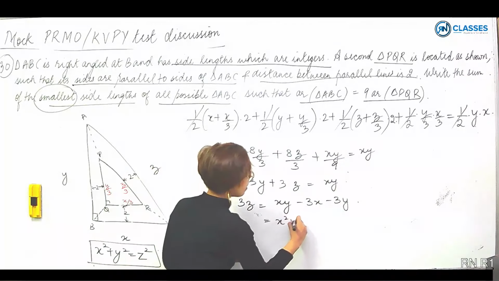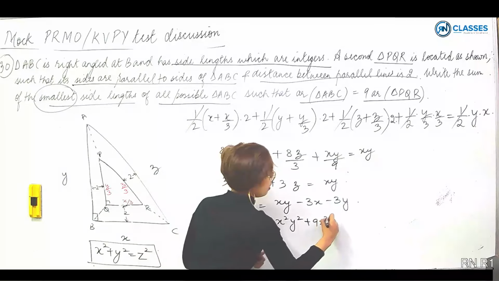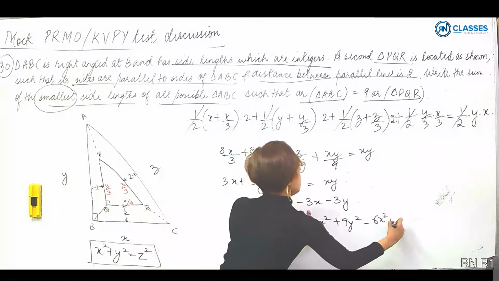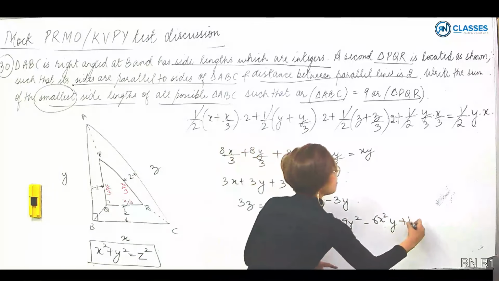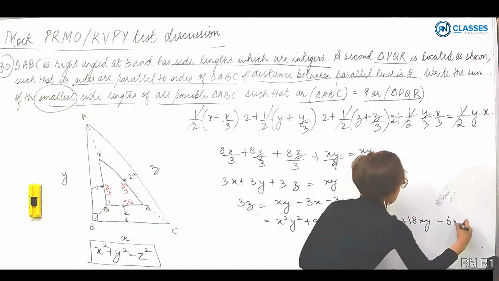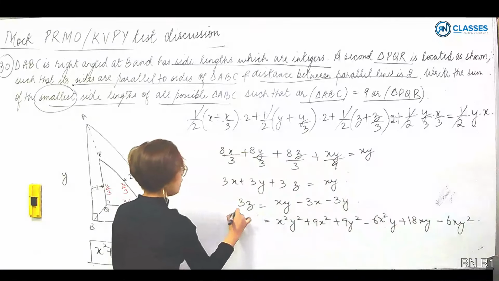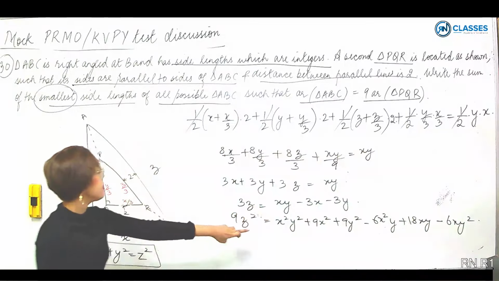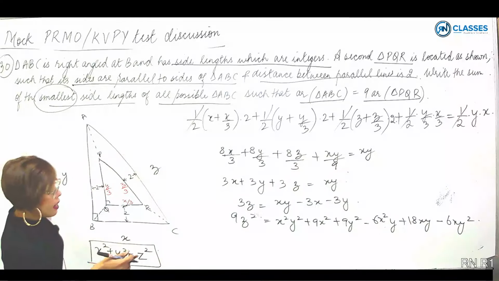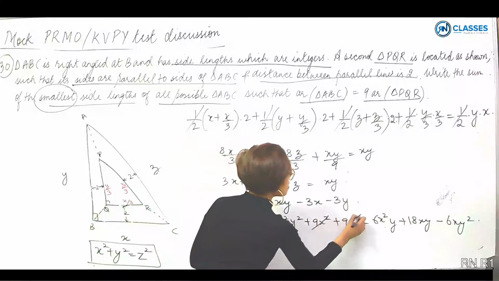So this is x square y square plus 9x square plus 9y square minus 6x square y plus 18xy minus 6xy square equal to 9z square, and put 9z square as 9x square plus 9y square, which gets cancelled.